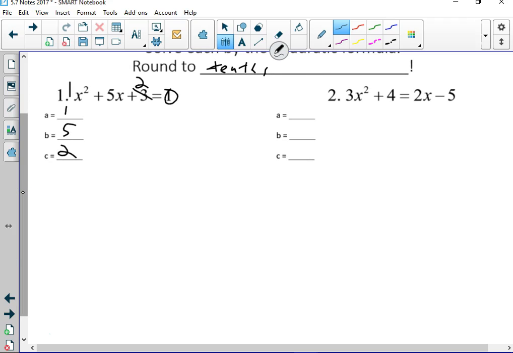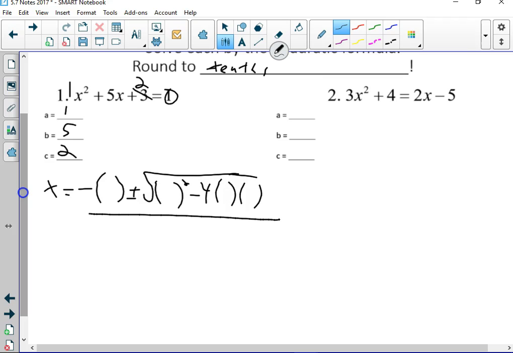Here's my suggestion. Take it or leave it. When you're doing it, I do this first. And this makes it easier not to screw up. Opposite of b plus or minus square root of b squared minus 4ac all over 2a. I don't actually put the letters there, but I also don't put the numbers in as I write. Because most often people screw up right here.